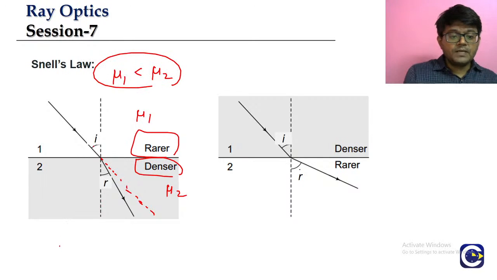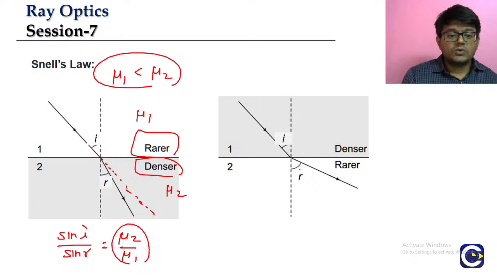Now sine I by sine R is equal to mu 2 by mu 1. Since mu 2 is higher and mu 1 is lesser, mu 2 by mu 1 will be more than 1.